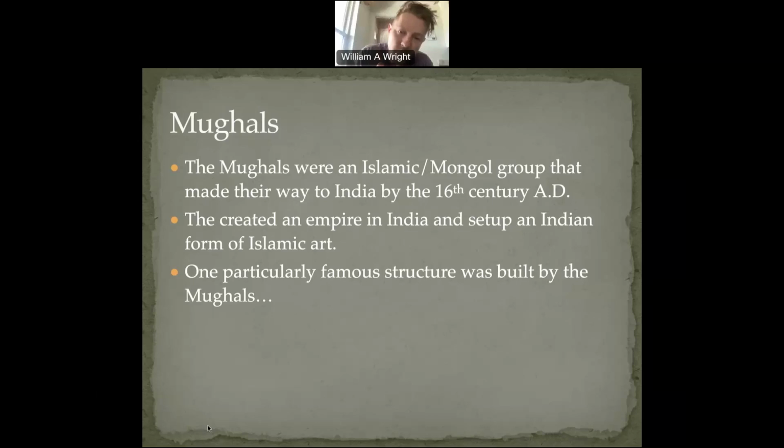Now, it is important that the Mughals were technically a religiously open group of people. They were religiously tolerant, because the rulers of the Mughal knew that if they put their foot down on religious practices, they would lose a huge part of the population because of the ancient roots of Hinduism.